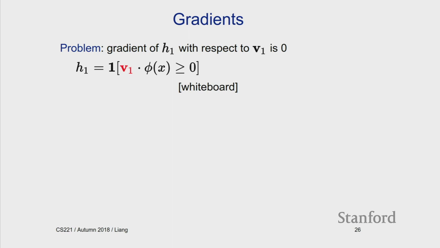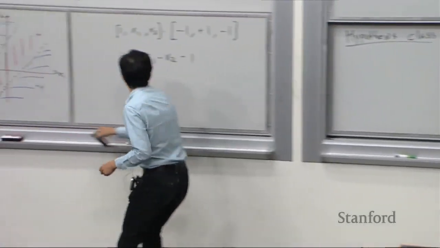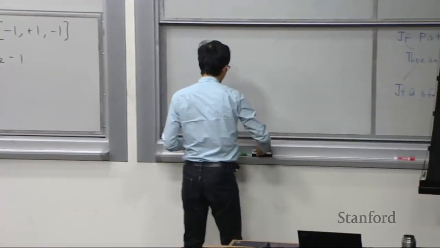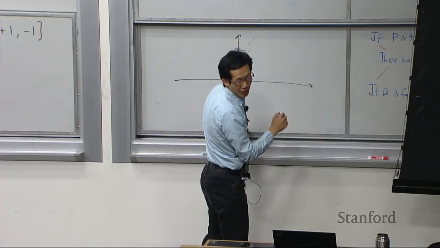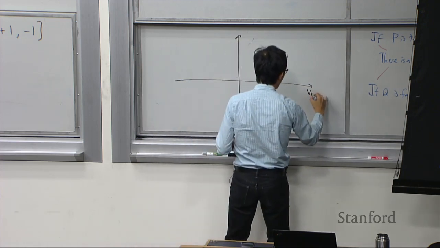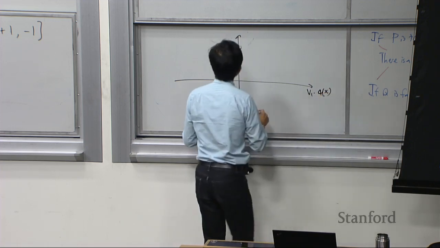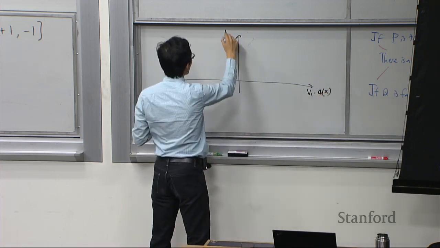Okay, so speaking of learning, the classic strategy is to use gradient descent or stochastic gradient descent, but we immediately run into a problem here, because if you think about the gradient of h1 with respect to v1, this is basically 0 all the time. On this plot, the x-axis is v1 dot phi of x, and the y-axis is h1.